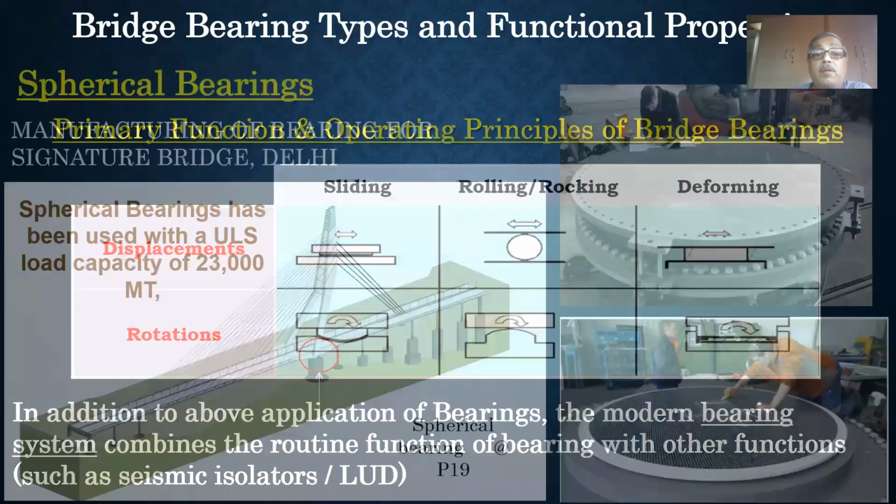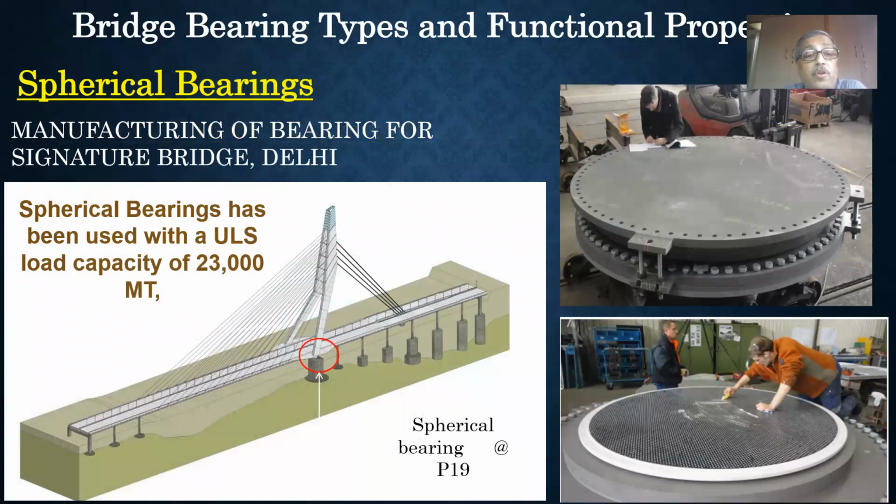This slide shows the example of the world's largest bearing, which happens to be in India, in Delhi. This is the Signature Bridge, where the world's largest bearing has been installed.